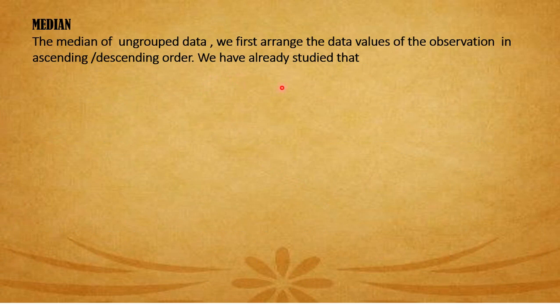For finding this, first of all, we arrange all the given data in ascending or descending order, and then we observe the number of observations or number of values. Is it even or odd? If the number of observations is odd, the mid value or median becomes the (n plus 1) upon 2th observation.